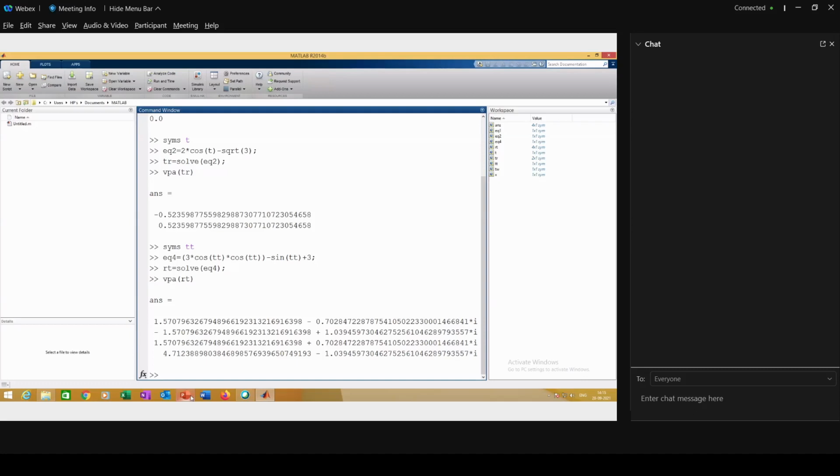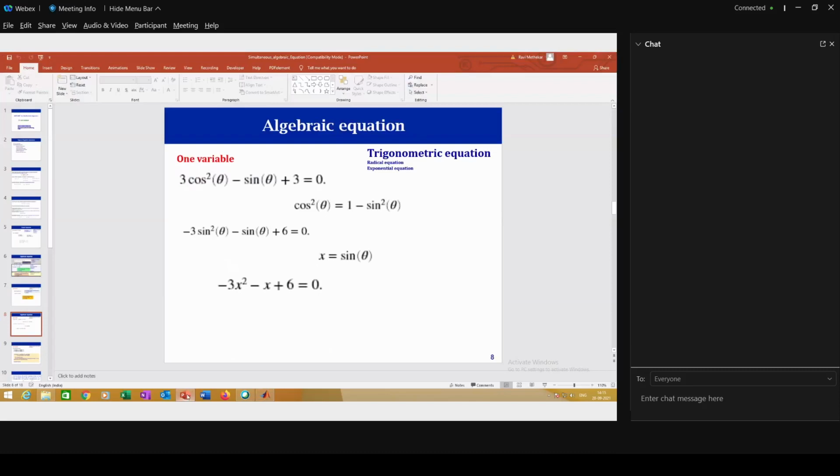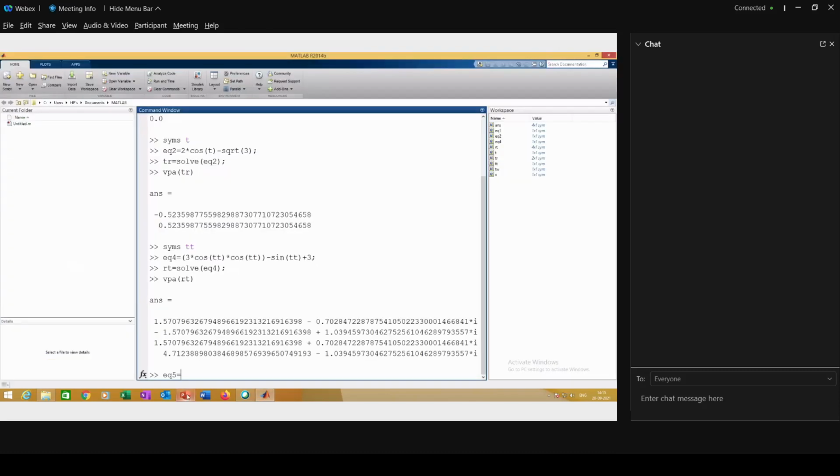Or I can write EQ5 as this equation, minus 3x squared, something like that. x is already in symbolic form. So minus 3 into x squared minus x plus 6.